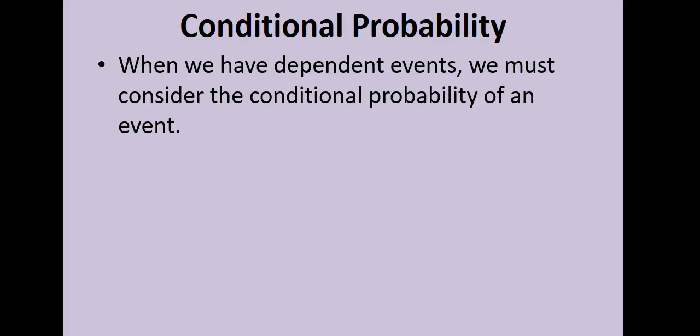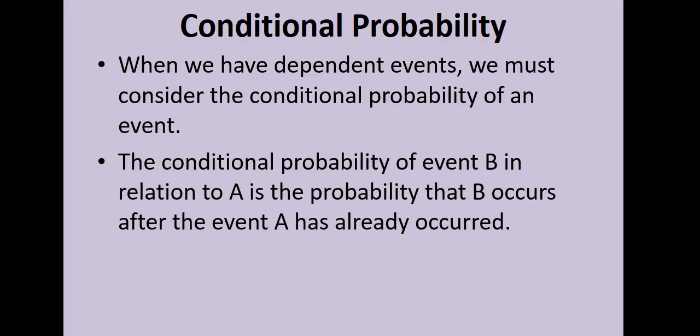When we have events that are not independent, things are going to change. So we have to consider what we call conditional probability of an event when we are dealing with dependent events. The conditional probability of event B in relation to A is the probability that B will occur after A has already occurred.